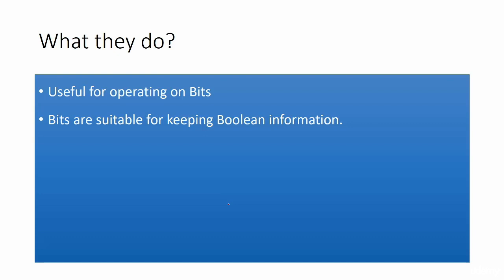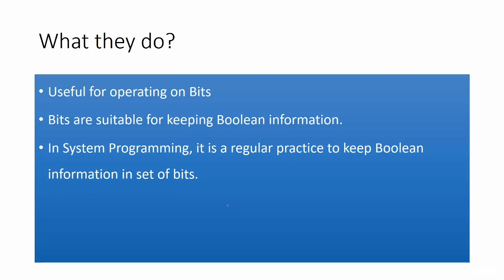Now, the traditional approach is to use an integer to store true, that means 1, and 0, that means false. But that's a huge wastage of memory because a single bit is sufficient to store a 1 or a 0. So in system programming in particular, it is a regular practice to keep Boolean information in a set of bits.